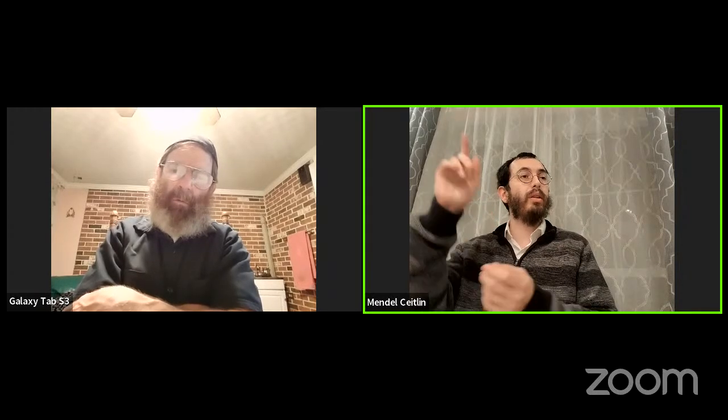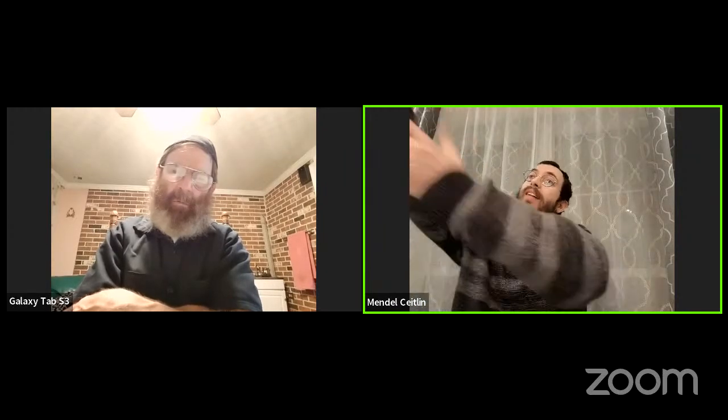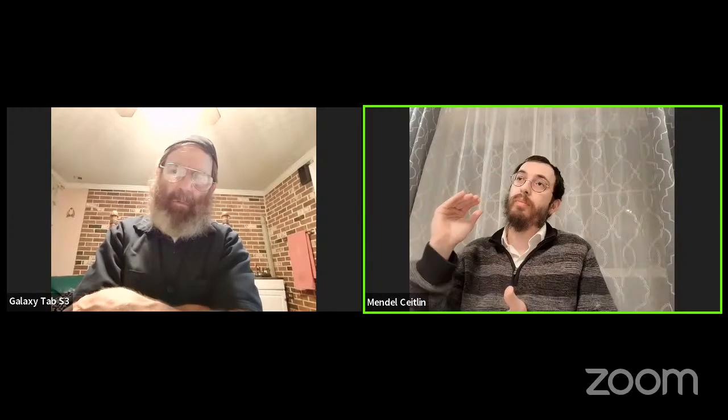However, if the bottom is less than 10 tefachim, 33 inches, then you put it on the inner area. So you put it on the bottom third instead of the top third. When we look at the 10 tefachim as a wall for itself, that becomes your wall.